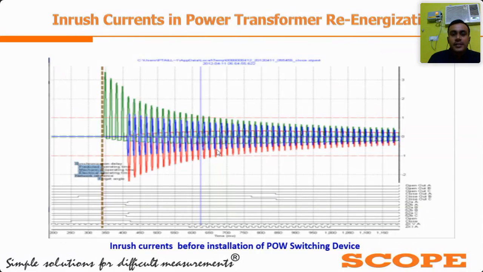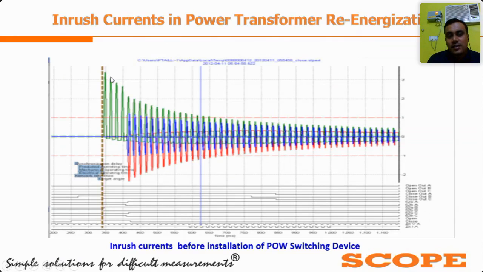Yeah, it is the graph of the inrush current in a power transformer. You can see here the graph of all three phases. It is the uncontrolled condition of the power transformer, and you can see here the inrush current. You all know that inrush current is decaying in nature.